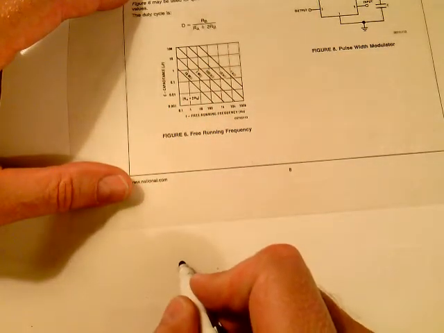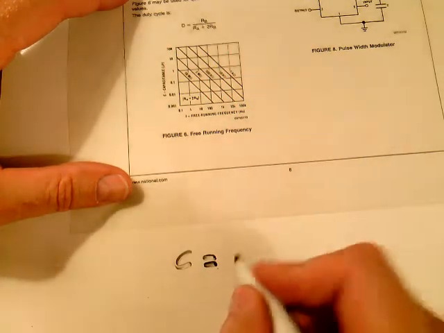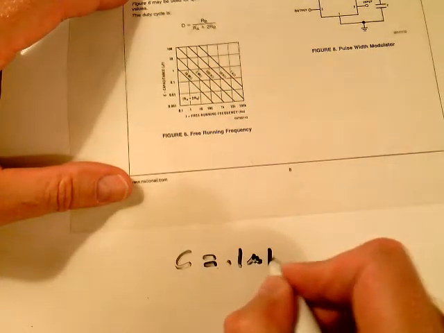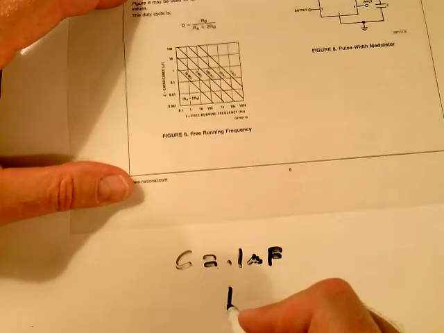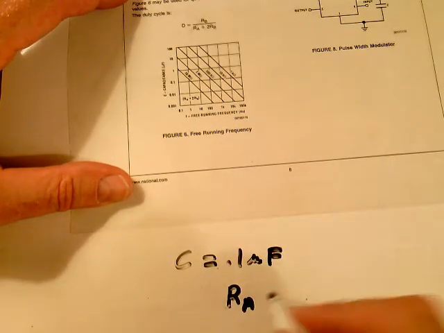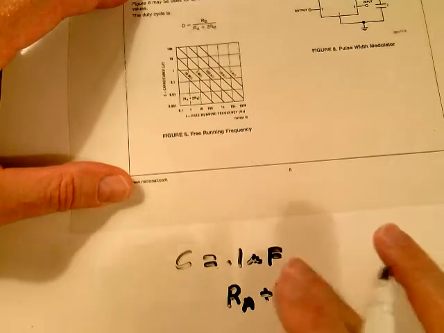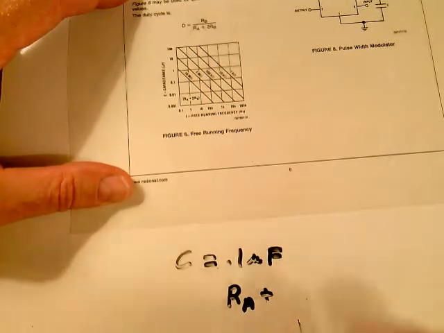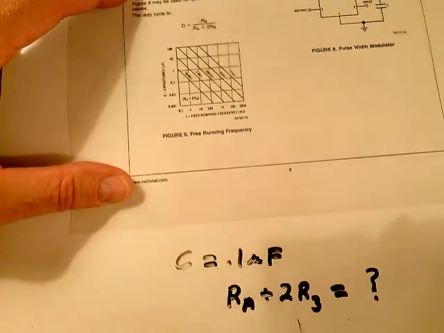So for a capacitance equal to 0.1 microfarad, RA plus 2RB is equal to what value if we want 2 kilohertz?